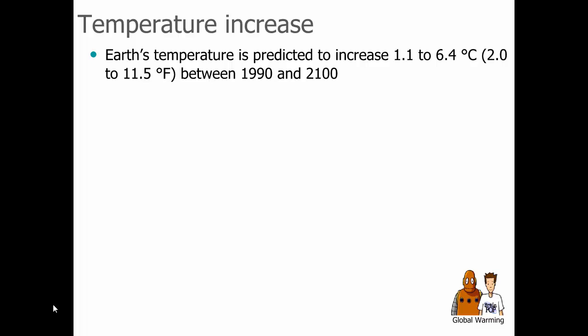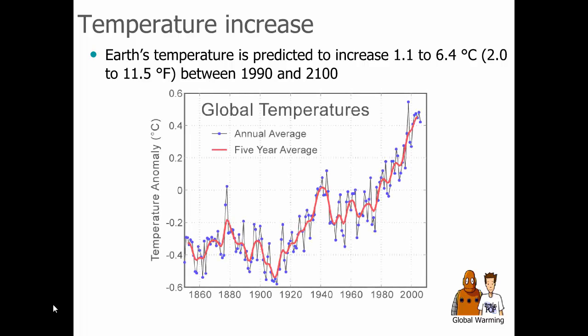The predictions as to how much temperature will increase vary drastically. There are lots of different computer models that scientists use to try to predict this. Predictions can be from 1.1 to 6.4 degrees Celsius over the next 100 years or so.